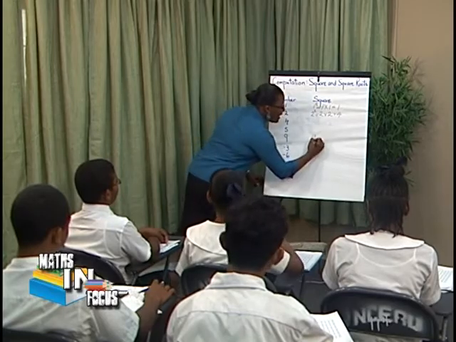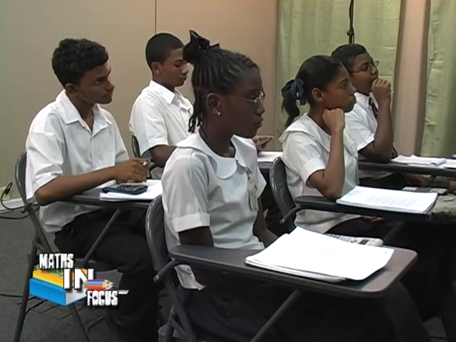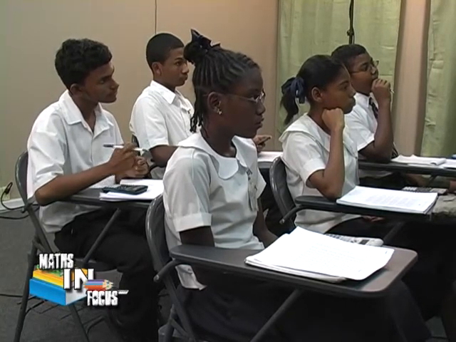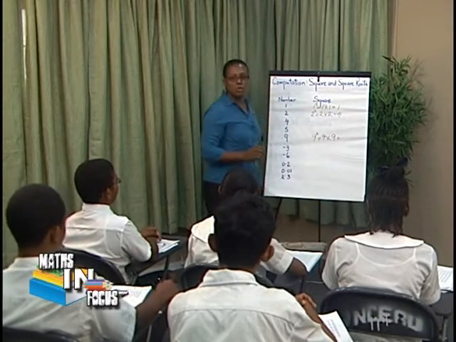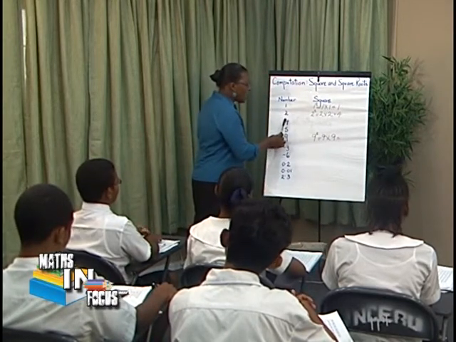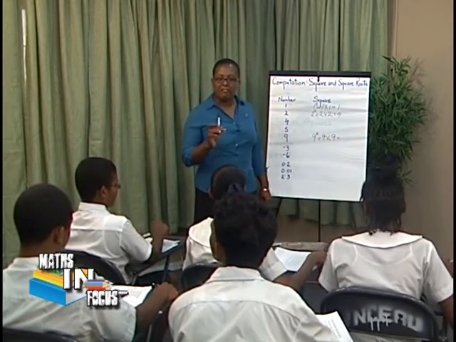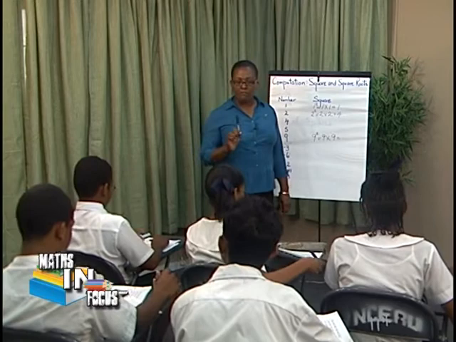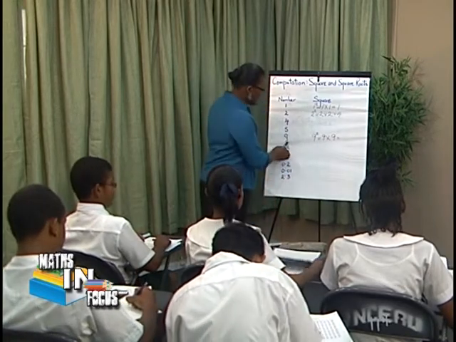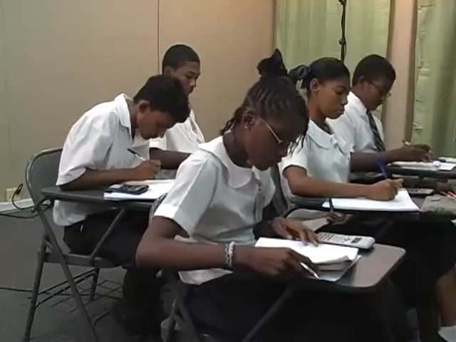So we have 9 raised to the second power, and we call that 9 squared. And it would be 9 multiplied by 9, and we would have a product. So what you will do for me, you will write 4 and 5 as square numbers and find the square of 4 and 5, and then you will give me my answer for 9 squared quickly.